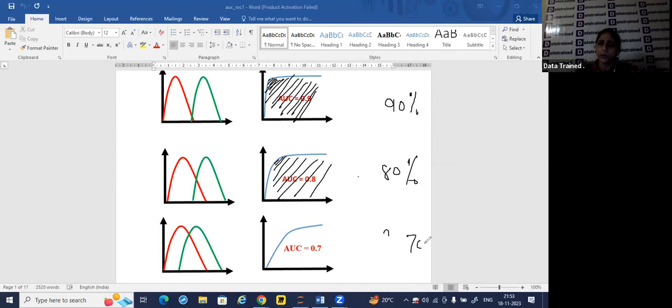And if your model is at 70%, you can see the gap; there is nothing covered there, and the area is covered only from here.